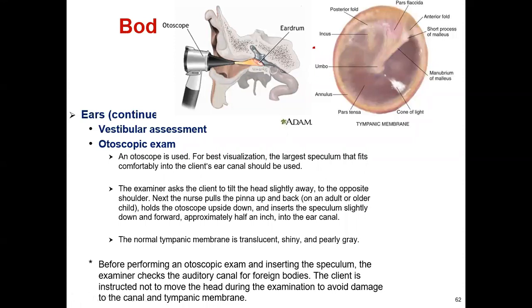Before performing an otoscopic exam and inserting the speculum, the examiner checks the auditory canal for any kind of foreign bodies. The client is instructed not to move the head during the examination, to avoid injury to the canal and tympanic membrane.